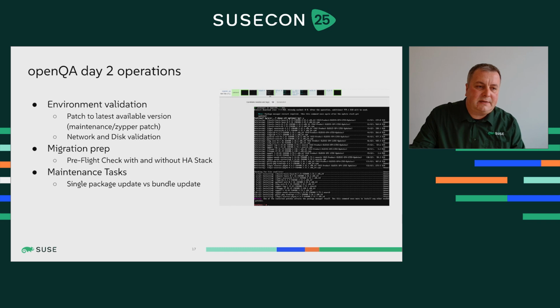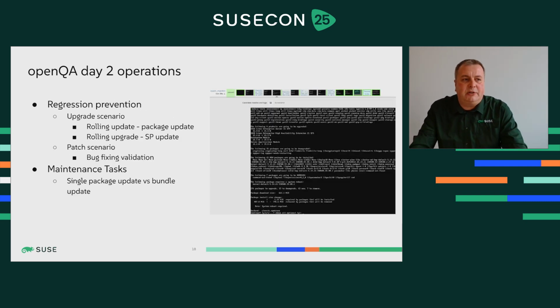We are executing so-called pre-flight checks for the HA stack, but also on the system as well. And we are running the maintain tasks, which is a single package update or a bundle update of the whole patterns. This is all done in openQA, and the user or the admin or the QA DevOps engineer can follow all the screens in the web UI of openQA.